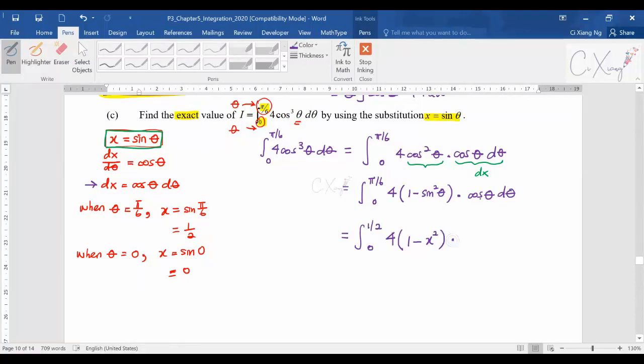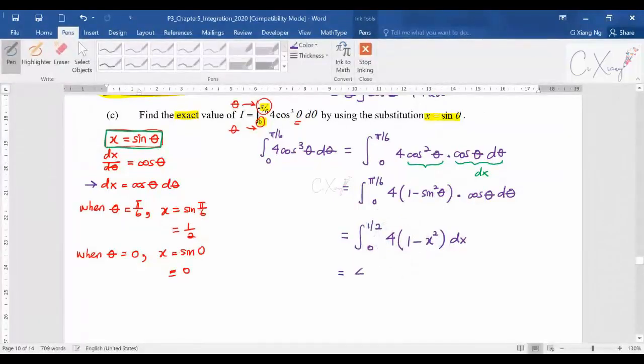Then multiply with cos theta d theta. If you look at this part, cos theta d theta equals dx, so you're having dx here. Eventually you will see that your equation for the integration becomes very, very simple. If you double check this part, everything is in terms of x already. There's no more variable in theta. Then you can start the integration.